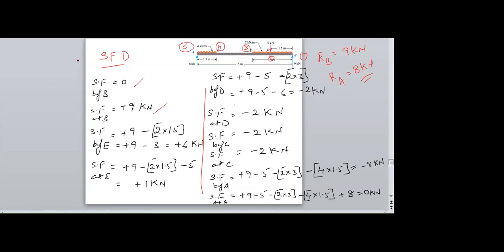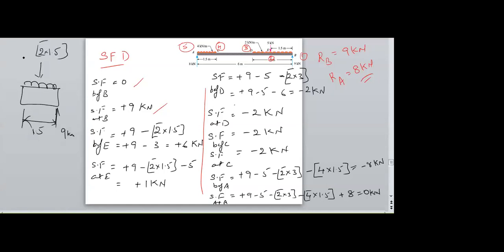So the UDL will be existing here, whose length is 1.5. Therefore, I need to convert this UDL again into a point load whose magnitude is 2 into 1.5.